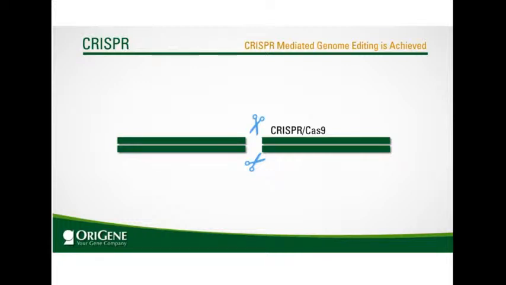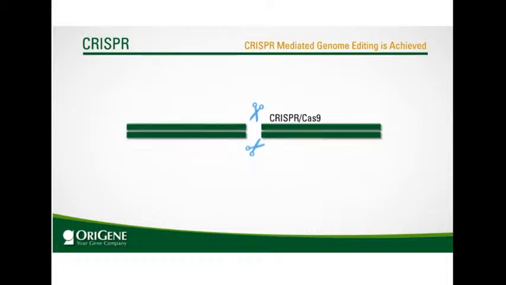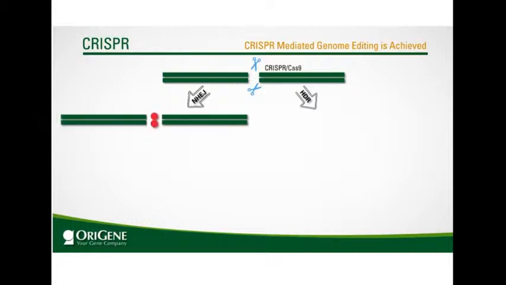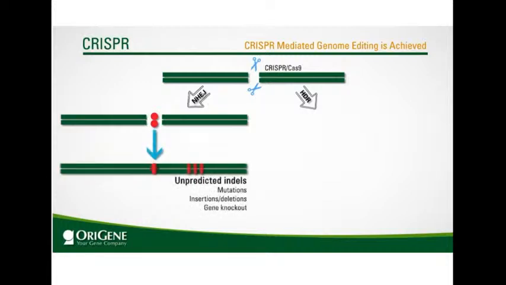To repair the double-strand breaks generated by CRISPR, there are two main mechanisms: non-homologous end joining and homology-directed repair, also known as homologous recombination. With non-homologous end joining, the ends of the double-strand breaks are simply reconnected together, and this process is highly error-prone, introducing mutations, insertions, and deletions, and in many cases resulting in gene knockout.